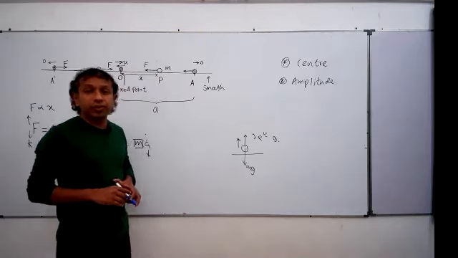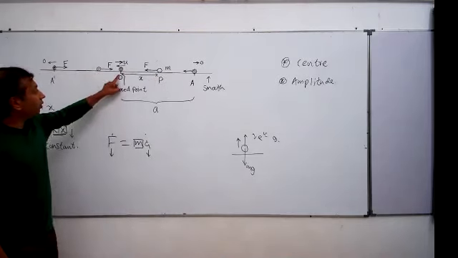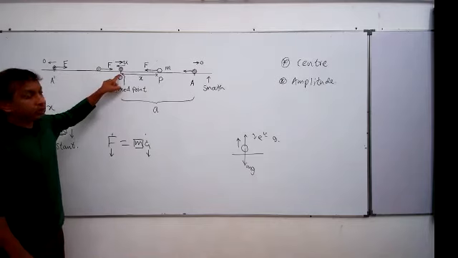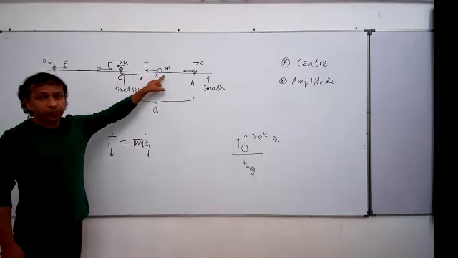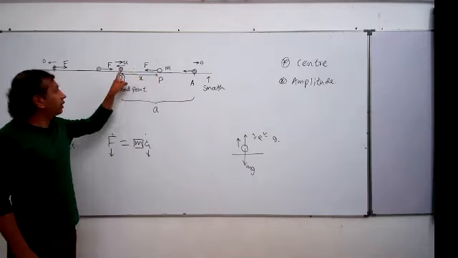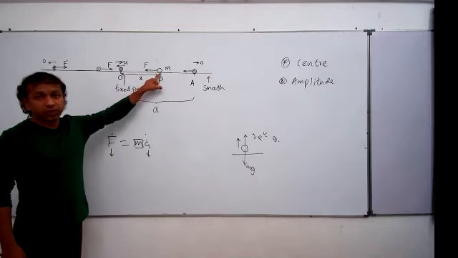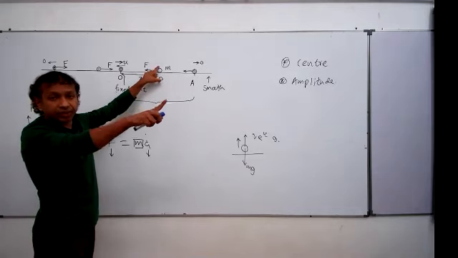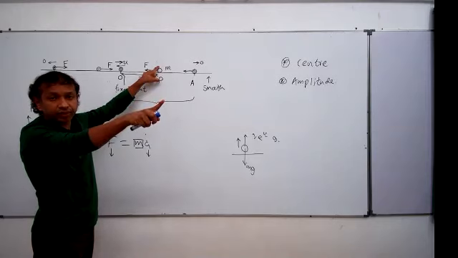Symmetric means when the particle goes away from the point O, when it is at a particular distance, suppose L, this particle will have, in the right hand side direction, a particular velocity and particular retardation.